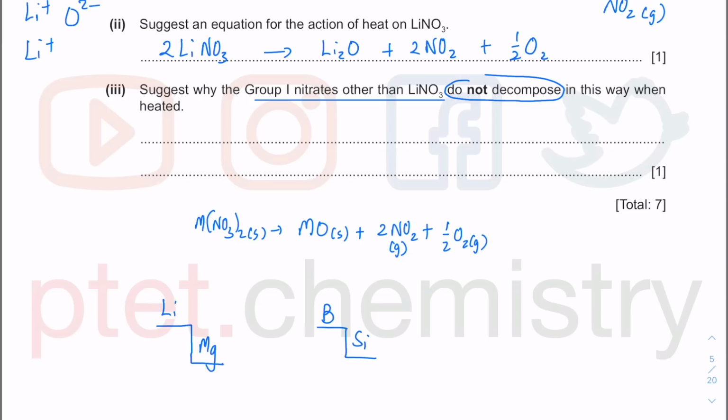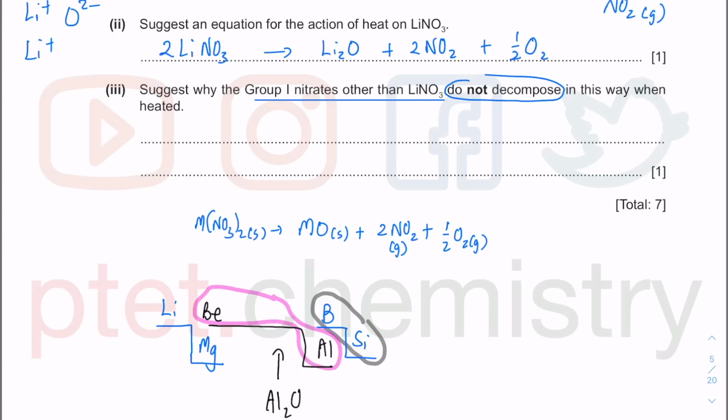So boron and silicon have similar kind of chemistry, and then you have aluminium just below boron, and what we say is beryllium and aluminium have similar kind of chemistry. So I'll give you an example. Al2O3 is an amphoteric oxide.